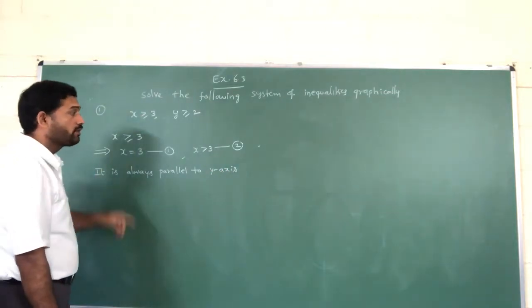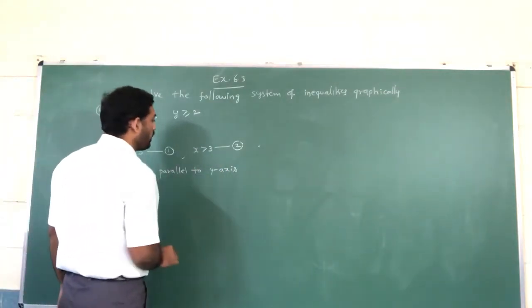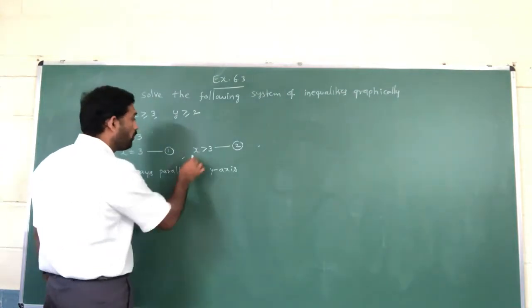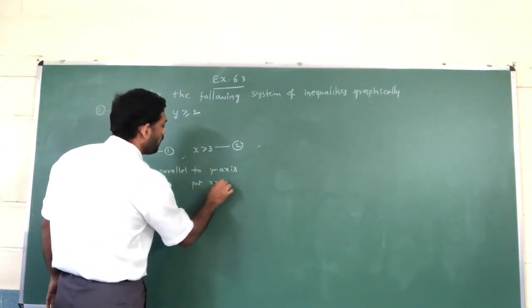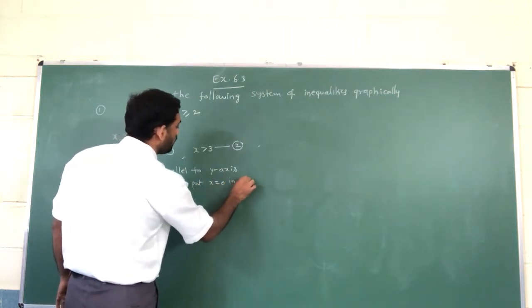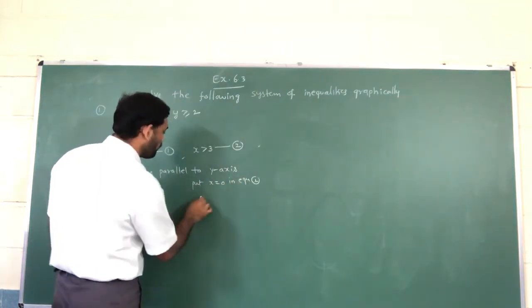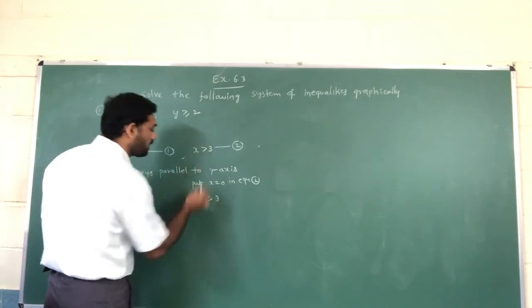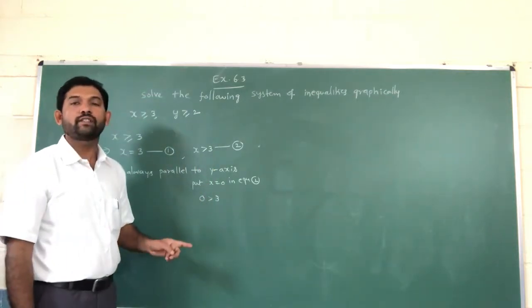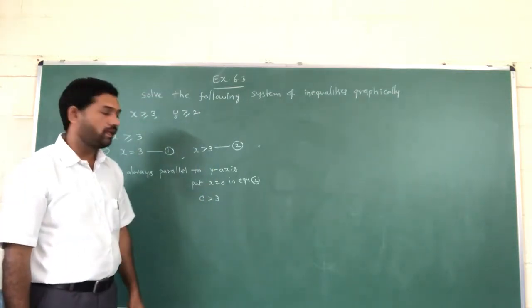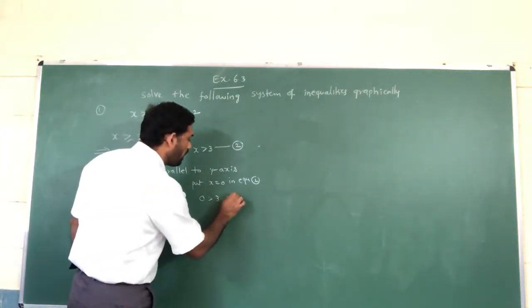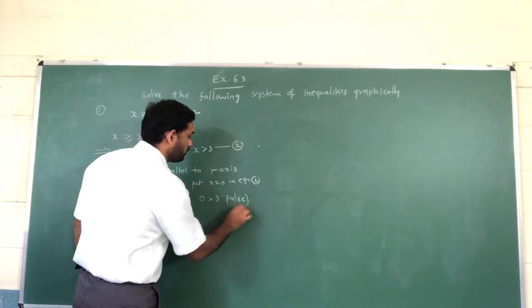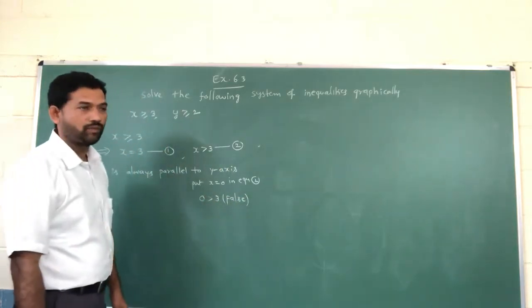Next, substitute in equation number 2: put x equal to 0. Then what happens? 0 is greater than 3, which is always false.